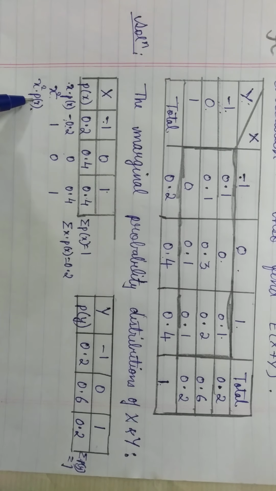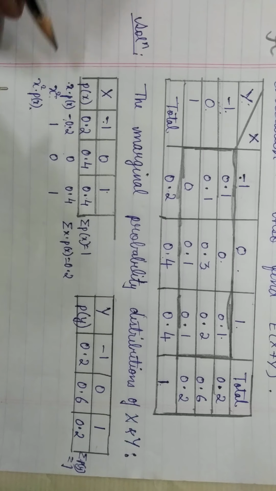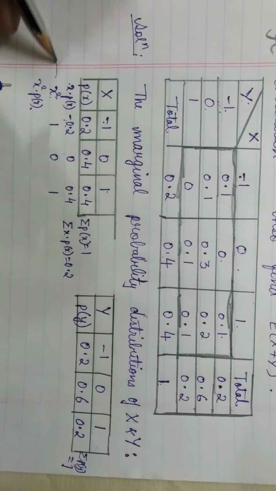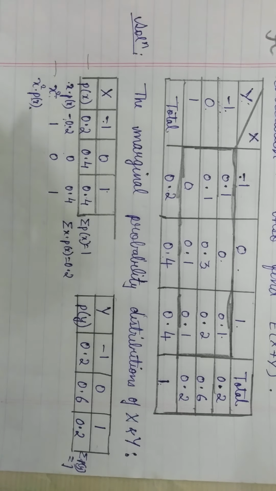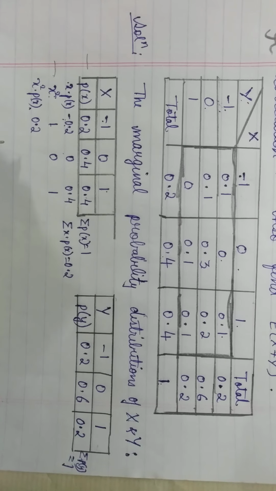So next step is x square into P of x. X square we know, it is here, and P of x is here. So these two things we have to multiply. X square is 1, P of x is 0.2, so if we multiply this, we will get 0.2.